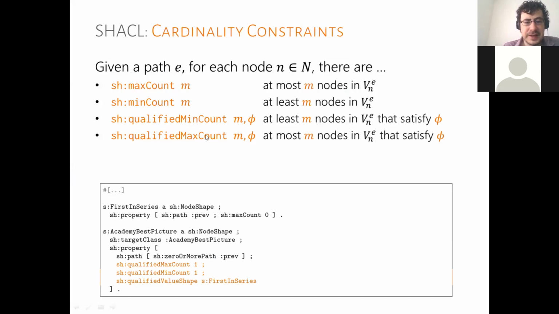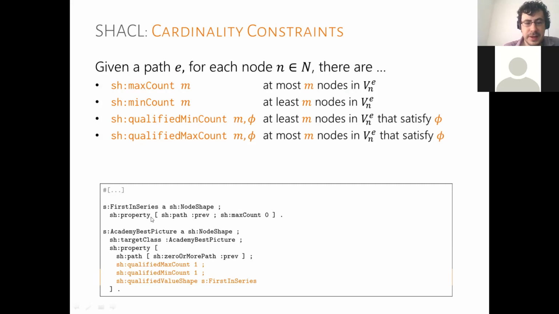And what the qualified count does is it adds a shape. And we say that there must be, in this case, at least m nodes on this property that satisfy the shape. It essentially discounts the ones that don't satisfy the shape, or it only counts those that satisfy the shape. And this says at most m nodes that satisfy this shape.